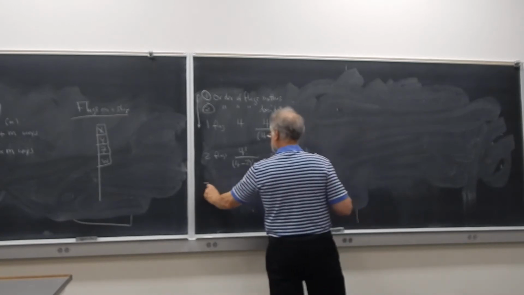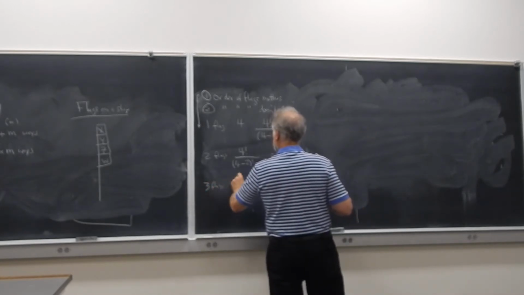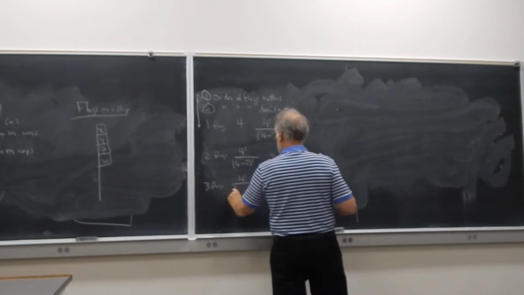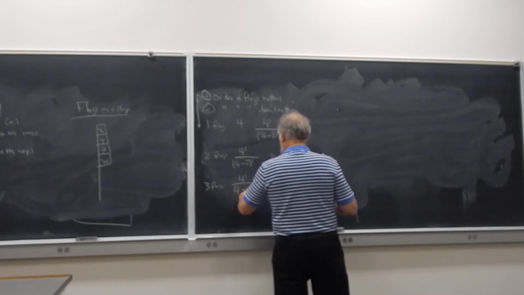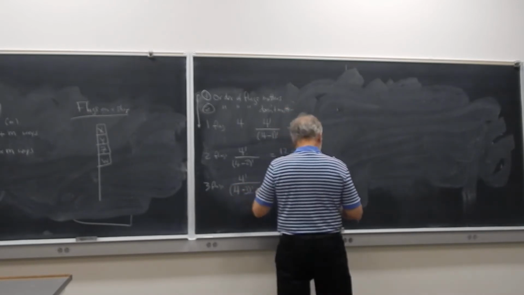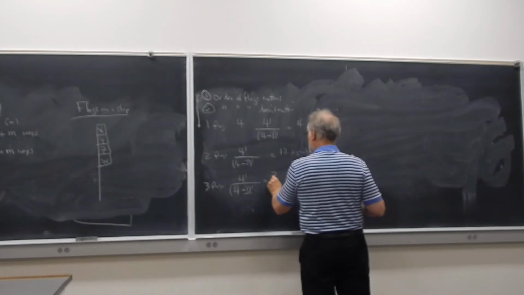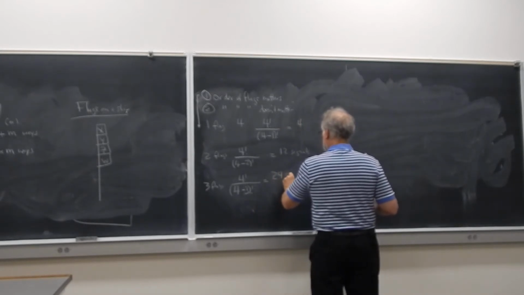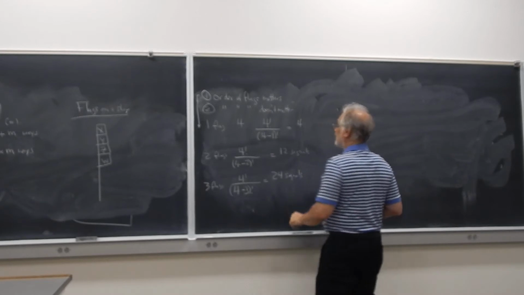With 3 flags, that would be 4 factorial over 4 minus 3 factorial, or 24 signals. And again, the order matters.